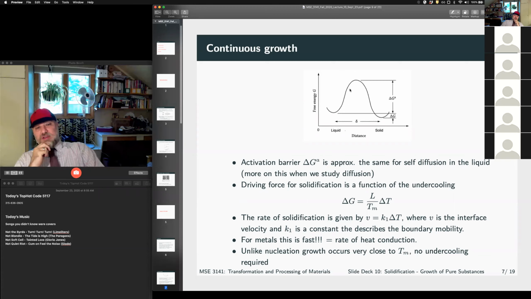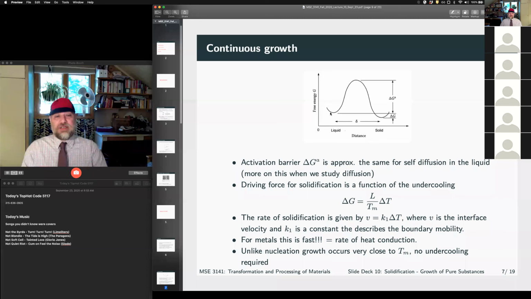So that's the solidification, even though it's going to be heavily biased towards atoms or molecules going from the liquid to the solid, we still have the reverse process occurring, right? We do have atoms jumping off the solid and going back into the liquid.